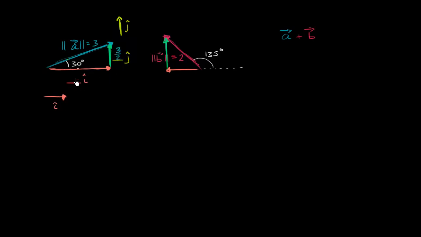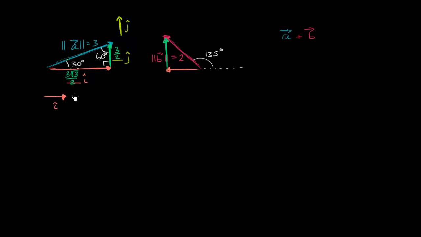This is going to be 3 over 2. And then this length right over here is going to be the square root of 3 times the shorter side. So this is 3 times the square root of 3 over 2. I just took this and multiplied it by the square root of 3. And once again, that just came out of 30, 60, 90 triangles.